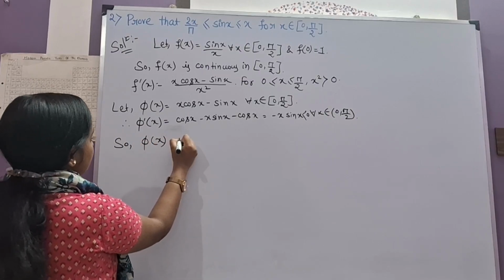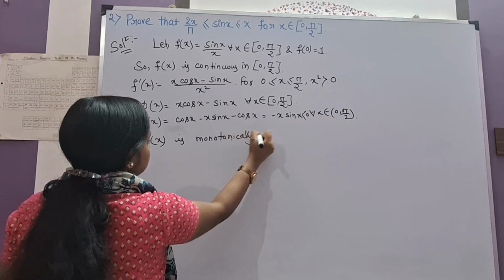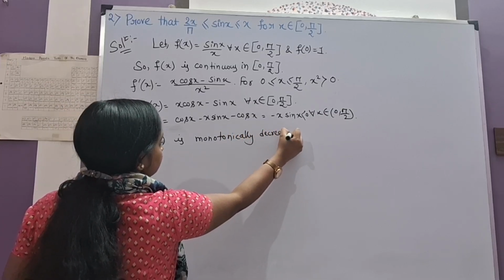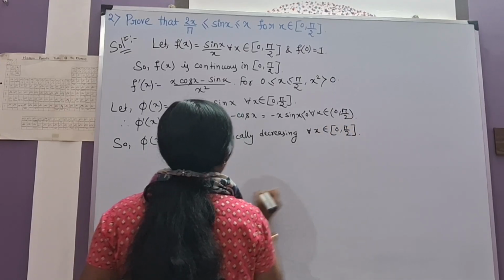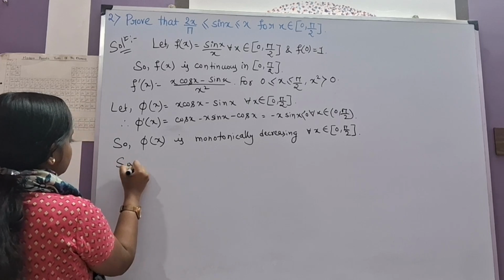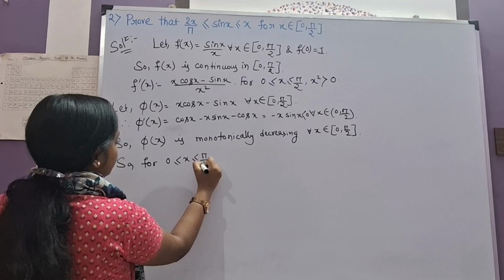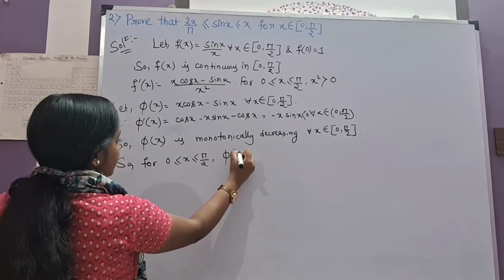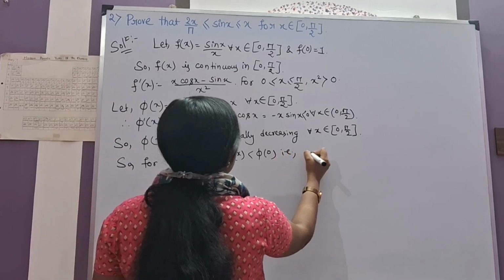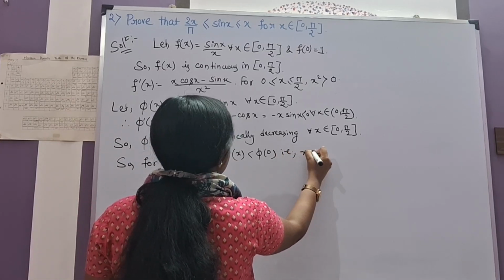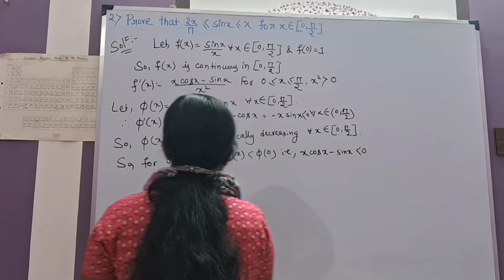So phi of x is monotonically decreasing for all x belonging to closed interval 0, pi by 2. So for 0 less or equal to x less or equal to pi by 2, phi of x less than phi of 0, that is x cos x minus sin x less than 0.